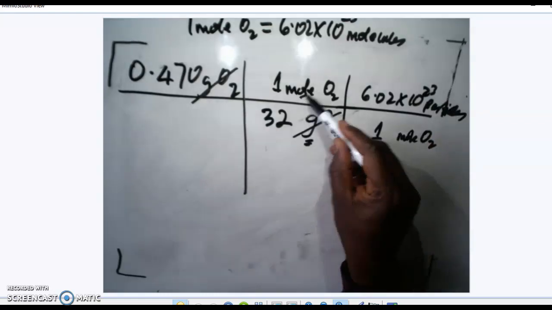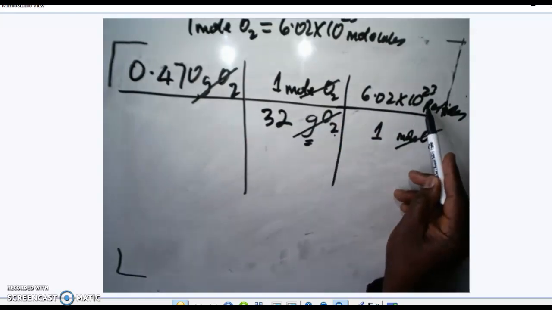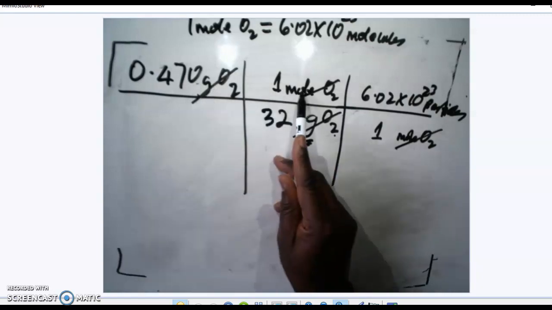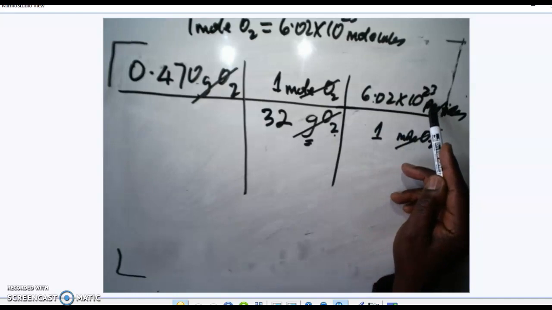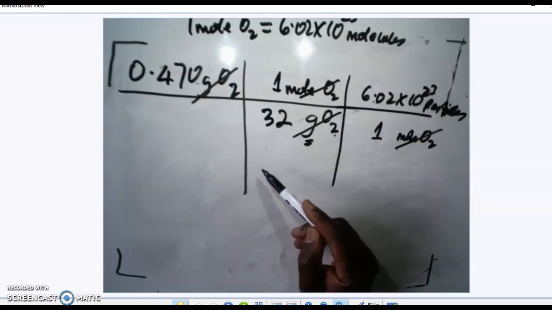So that mole of oxygen will cancel mole of oxygen. What you have left is just particles, which means you multiply 0.470 times 1 times 6.02 times 10 to the 23rd power. Write your answer down, then divide by 32.